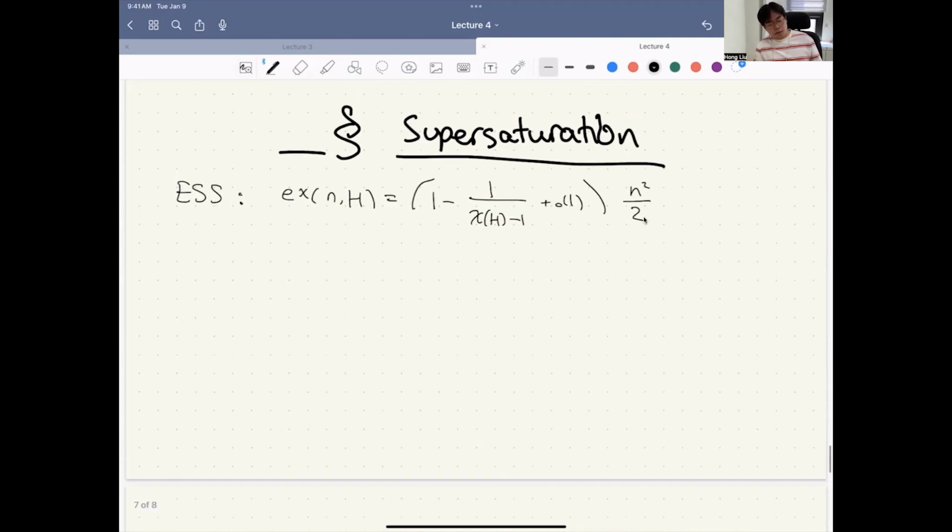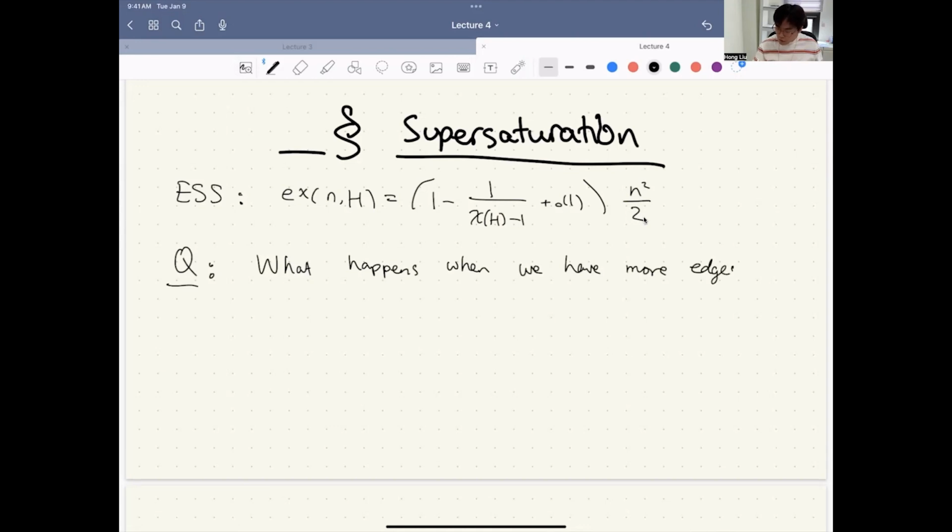Now, what we want to study, the question we care about, is what if we go beyond this threshold? What if we have more edges than this threshold?